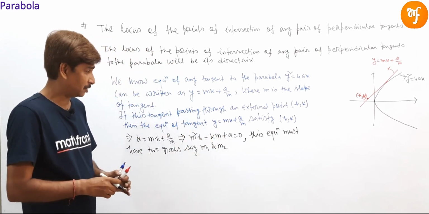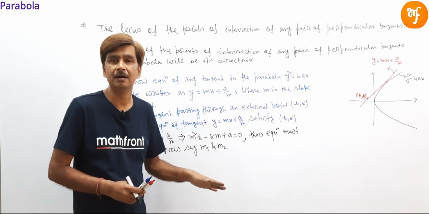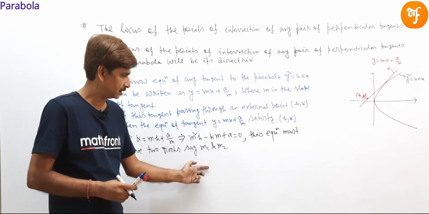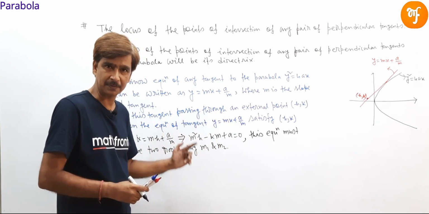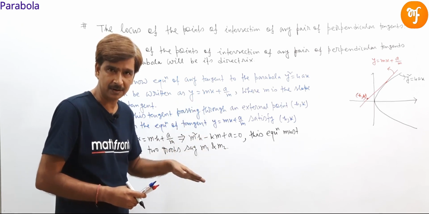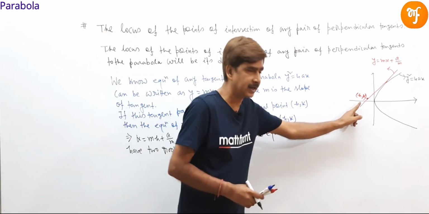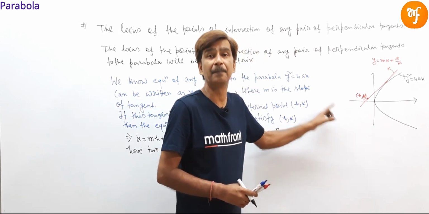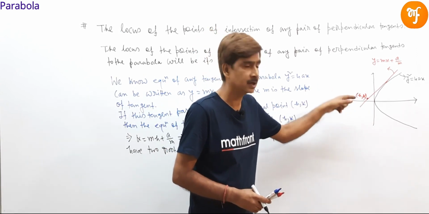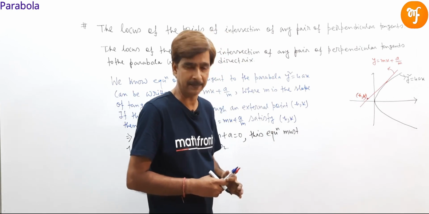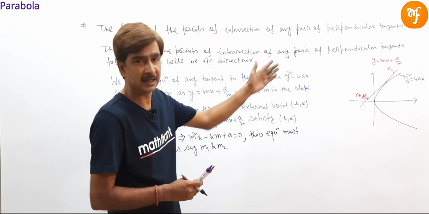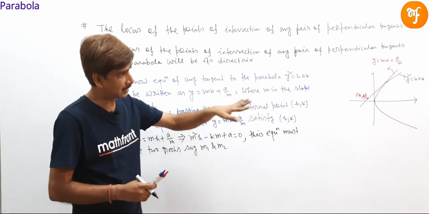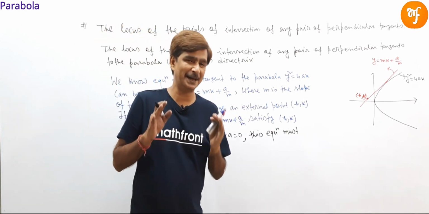Now what does this refer to? This equation must have two roots m1 and m2. This refers to the fact that from the external point h comma k, we are able to draw a pair of tangents, that is two tangents to this parabola. One of the tangents has slope m1 and another tangent has slope m2.